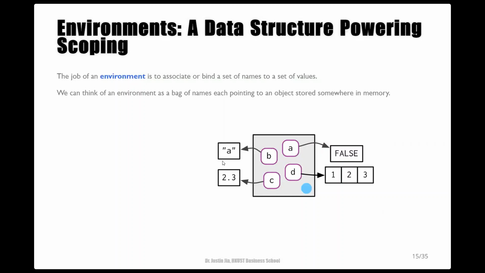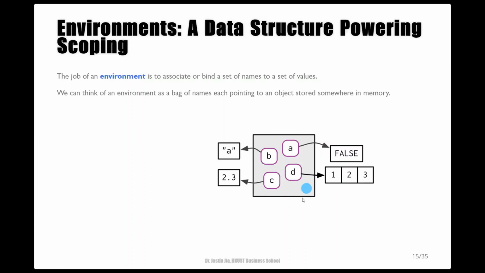We can think of an environment as a bag of names, each pointing to an object. For this reason, we can draw an environment like this. These 4 names point to their corresponding R objects and are encapsulated in an environment denoted by this shaded rectangle.